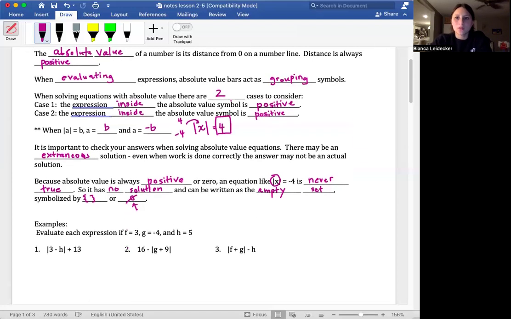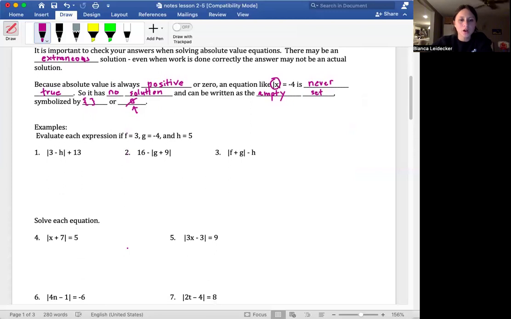So let's work out a few examples. First off, where we're solving, or another word, evaluating our answer by subbing in our values. This is where we want to look at our absolute value as a grouping symbol. I'm going to keep that absolute value, and then I'm going to rewrite my variable. H is 5, so I'm going to put 5 in here in place of H. And then my plus 13 is outside.